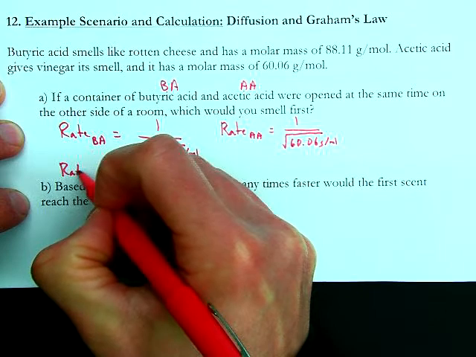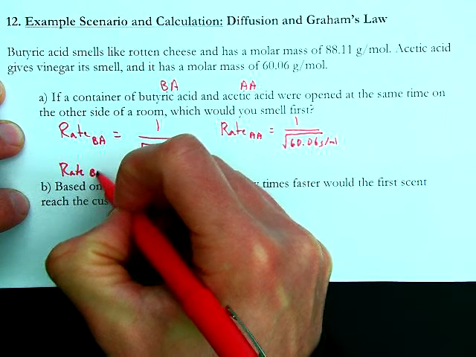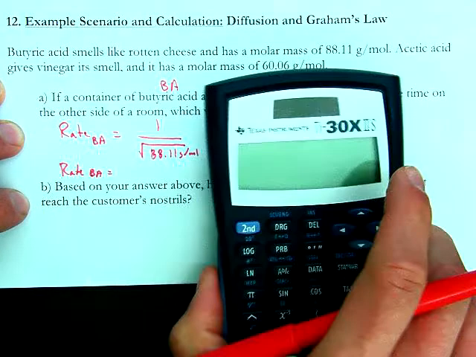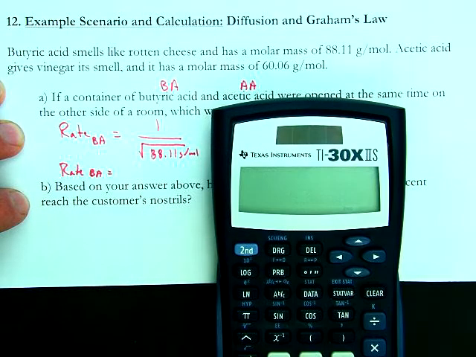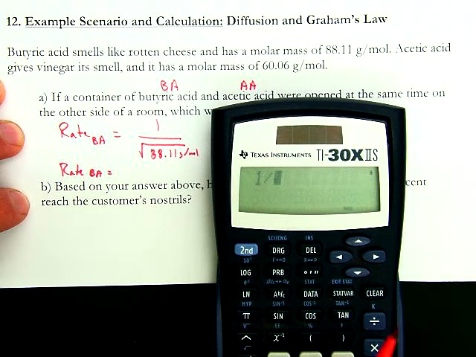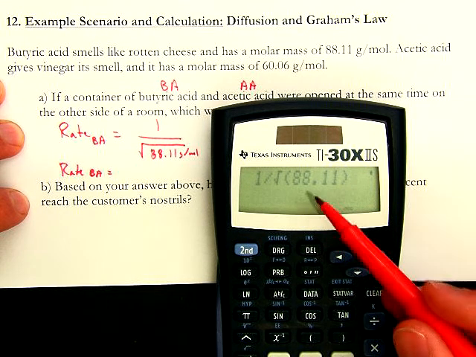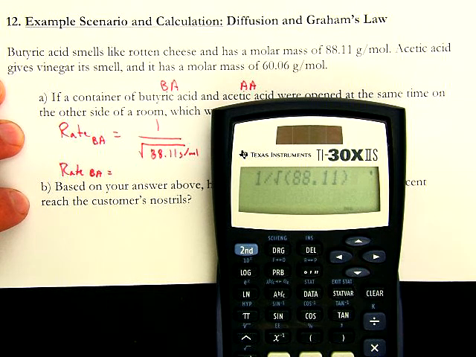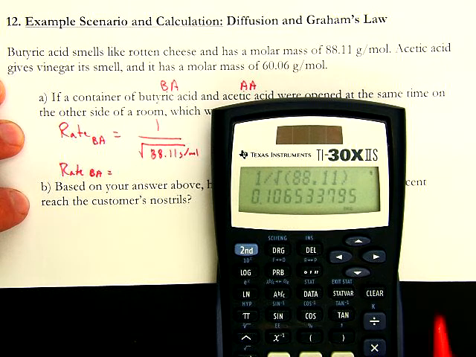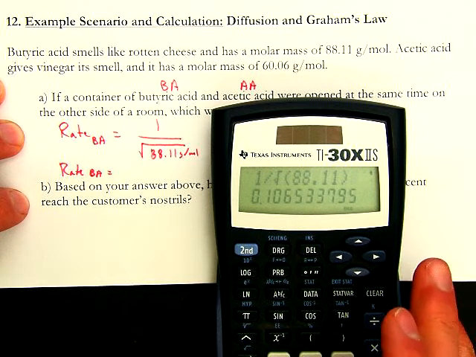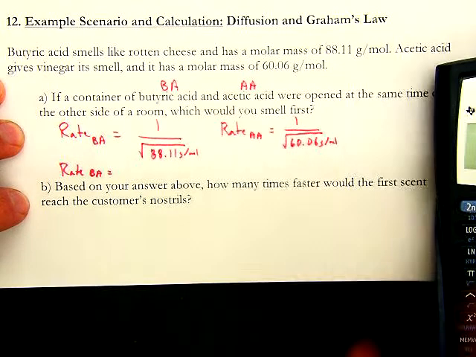So the rate of BA equals, here in my calculator, 1 divided by the square root of 88.11. I get this number, 0.1065.